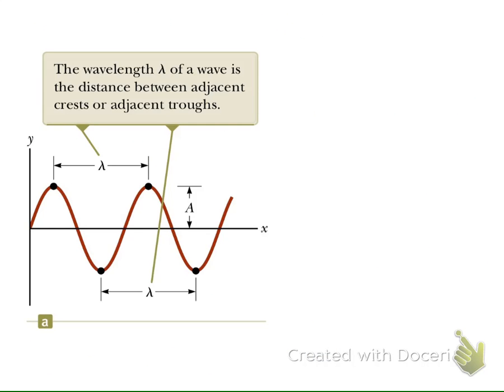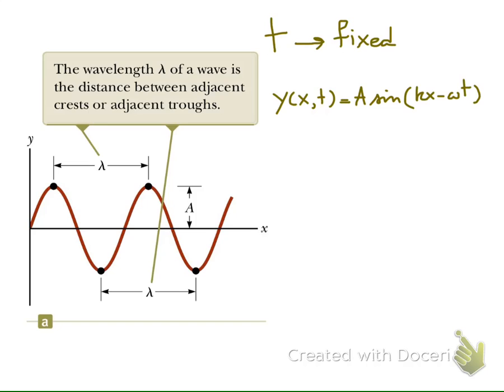Now, if we take a snapshot of the traveling wave at time t, it means that we fix the time t in the wave function. So we can say that y is a function of x at a fixed value of t, equal to A sine (kx minus omega t).